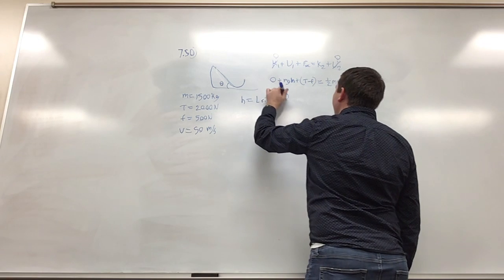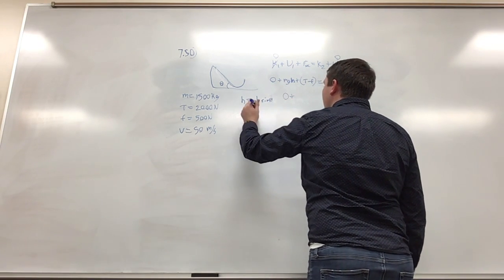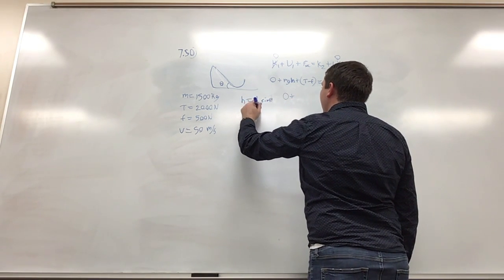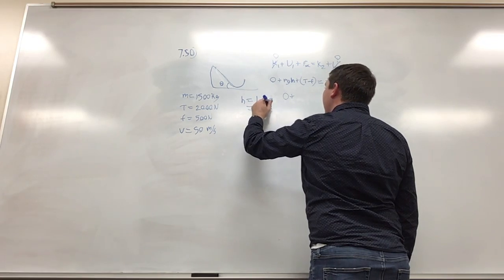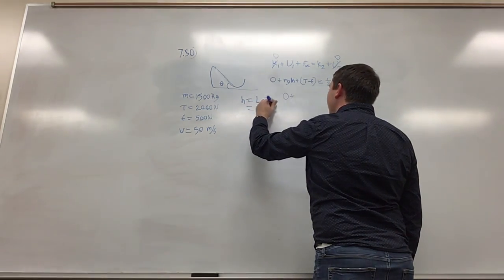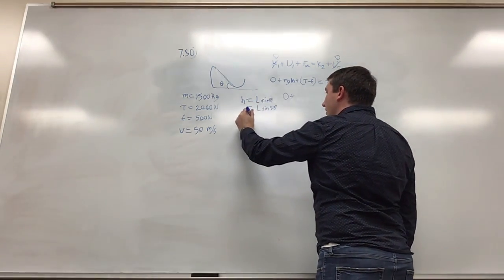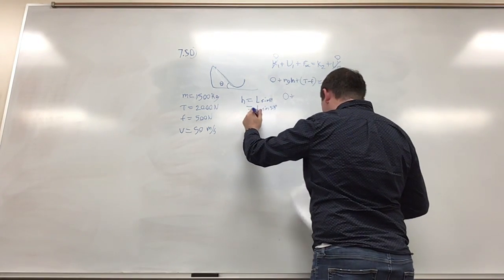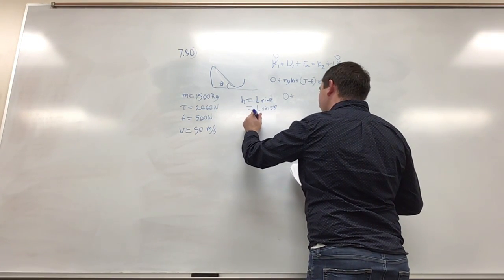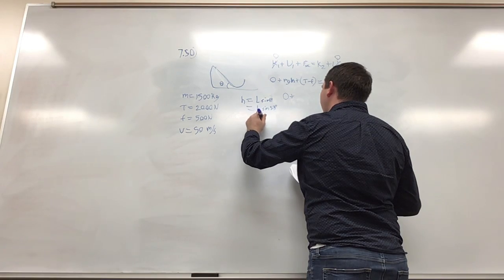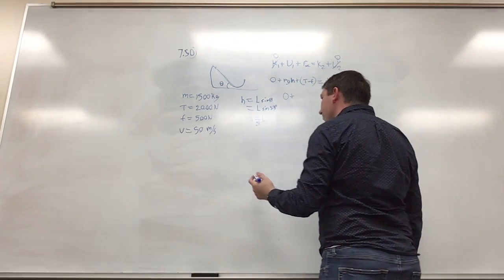So 0 plus, if we do this, L times sine of 53 degrees is going to be equal to 4/5 L for the height.